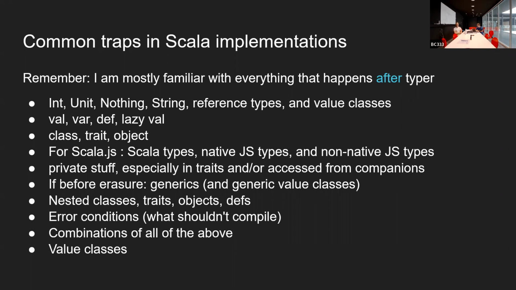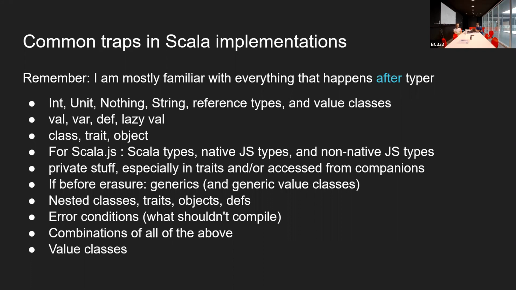So anyway, for everything that comes after typer, the difference between int, unit, nothing, string, any arbitrary reference type, and a value class reference type, these 6 things are always nice to test because they will trigger different code paths in the compiler and so potentially break something.